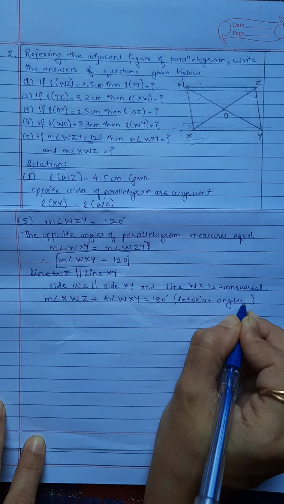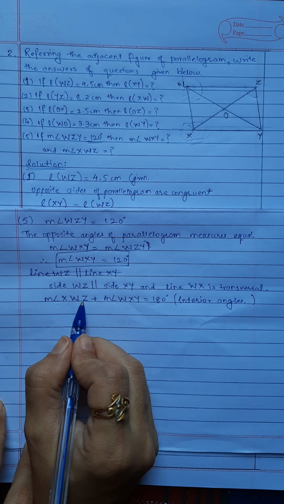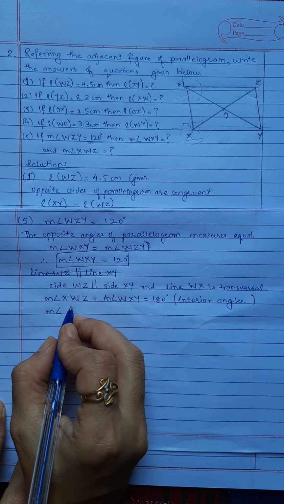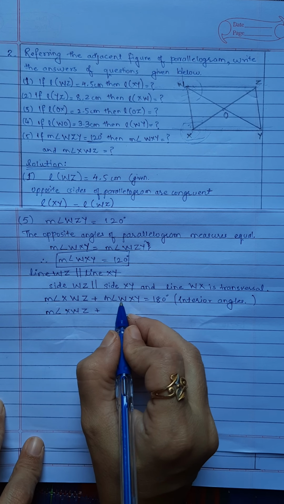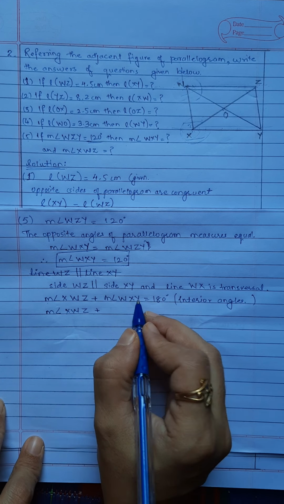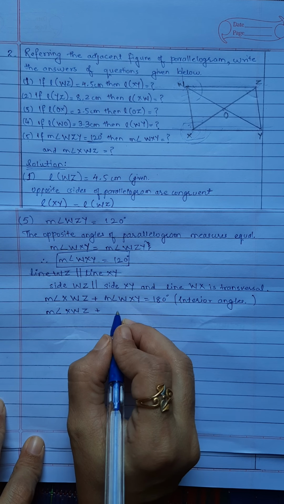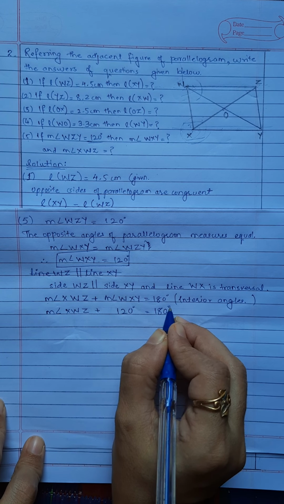angles. Now we do not have XWZ's measurement as we have to find it. So keep it as it is, measure of angle XWZ plus we do have measure of angle WXY that we have just found. WXY measurement is 120. Keep it as 120 equals 180 degrees.